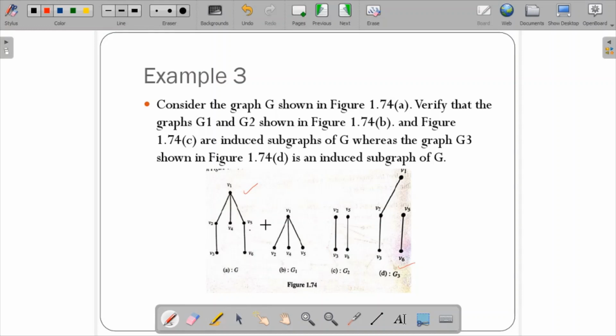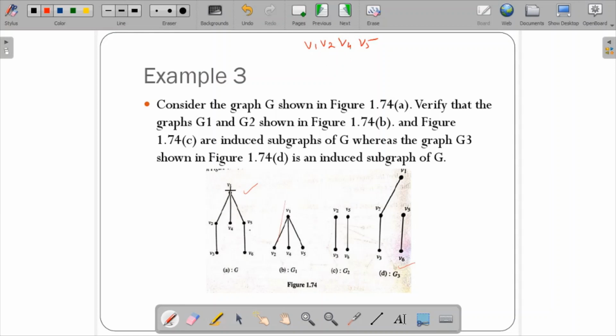Over here this is the main graph. To verify that it is induced by the vertices v1, v2, v4 and v5, whatever edges are there within these vertices should also be there in the main graph.